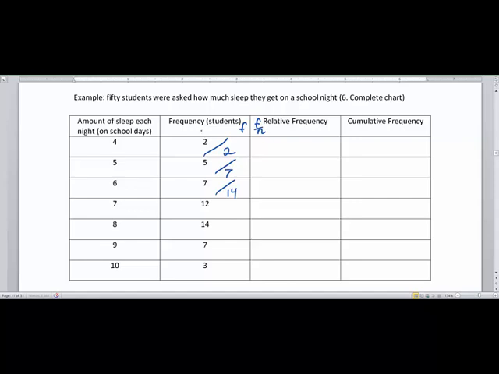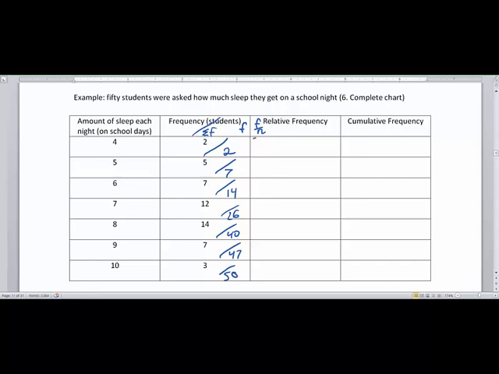This slash down here is the sum of f. Then 2 plus 7 plus 14 plus 12 gives me 26. 26 and 14 give me 40. Then we have 47, and then 50. So we have 50 students in this total survey.